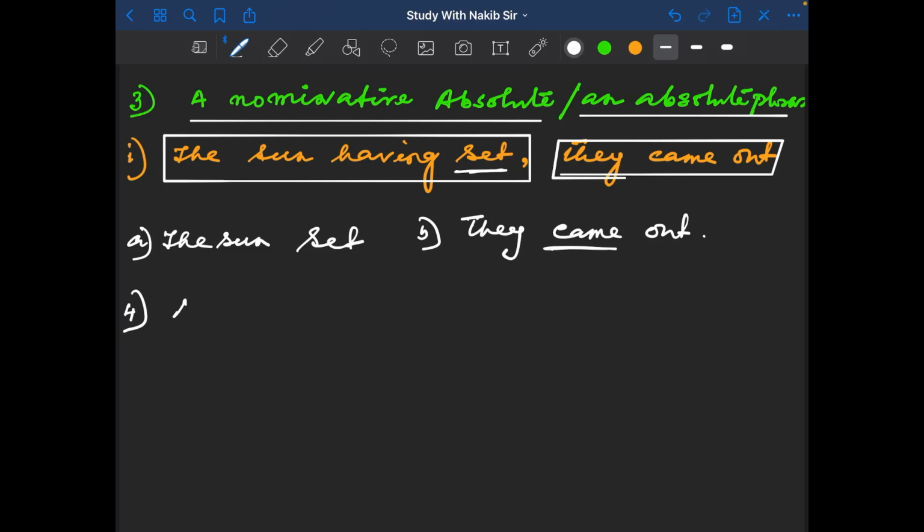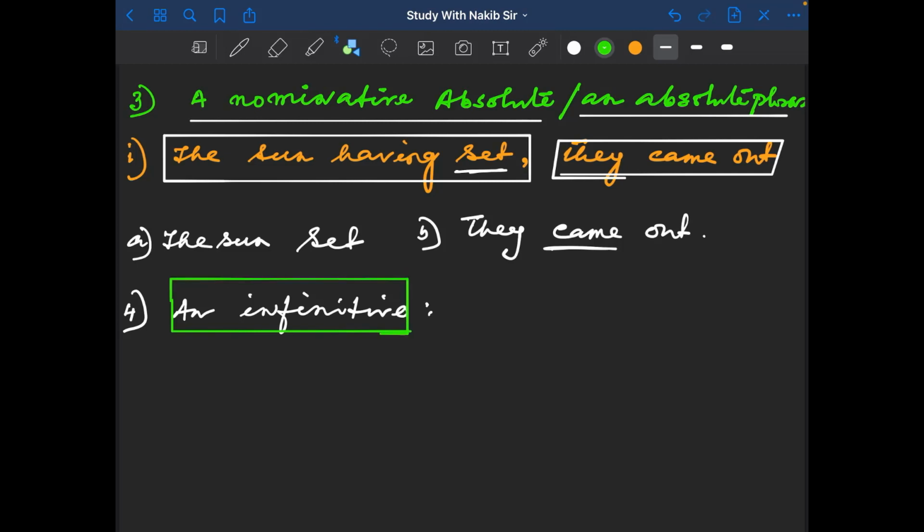An infinitive. So if you get an infinitive in a given sentence, for that infinitive you can make a separate sentence.